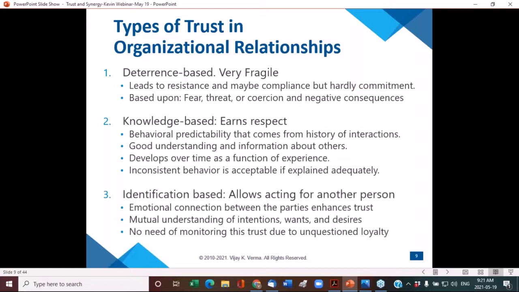And then there is identification-based trust. Can I allow you to act for me? Can I trust you? Can I rely on you? That is, if you have a good emotional connection between the parties, there's a mutual understanding of intentions, what they intend to do, what their wants and desires are.